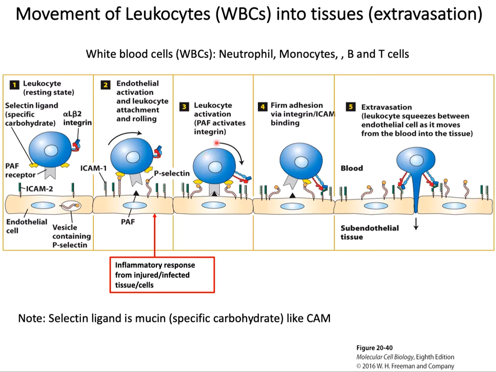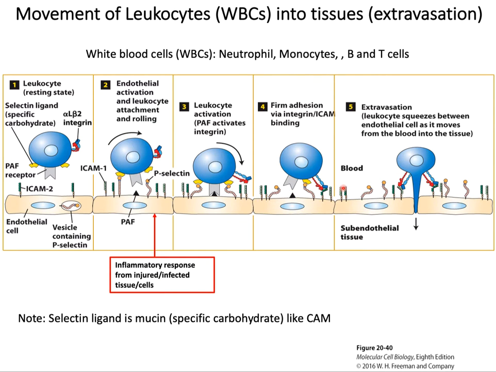Then what happens as the leukocytes are rolling, in this third step right over here, the platelet activating factor receptor on the white blood cell will interact with the PAF on the surface of the endothelial cell, and this will activate the integrin. The integrin will become adhesion competent and will begin to interact with the immunoglobulin superfamily cell adhesion molecule ICAM1 or ICAM2 on the endothelial cell.